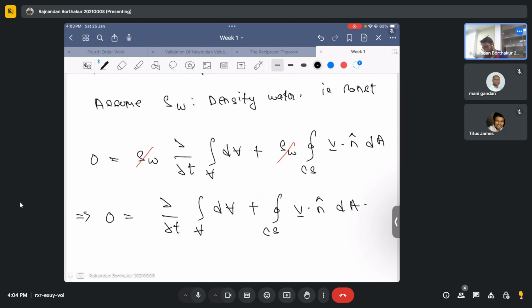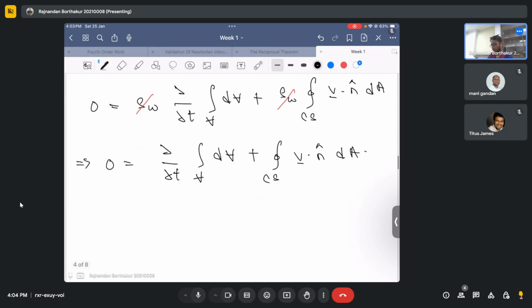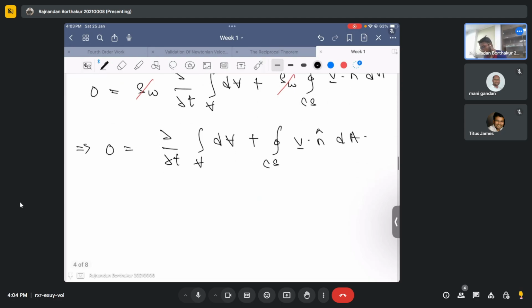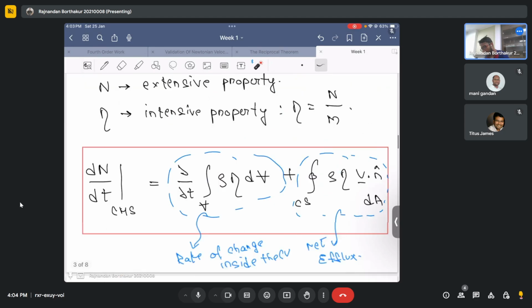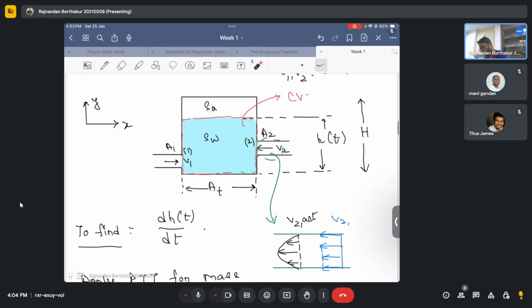Now we will look into these terms very specifically. The first term says that you pick a differential volume inside the control volume and then integrate over it.